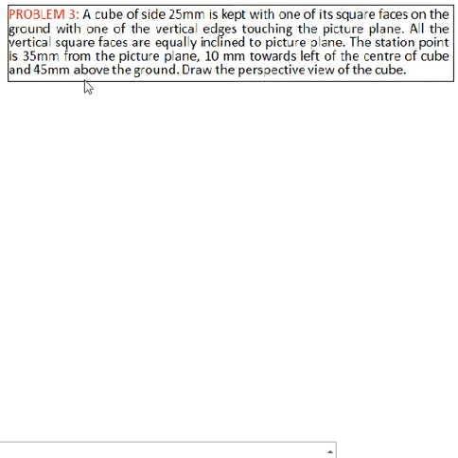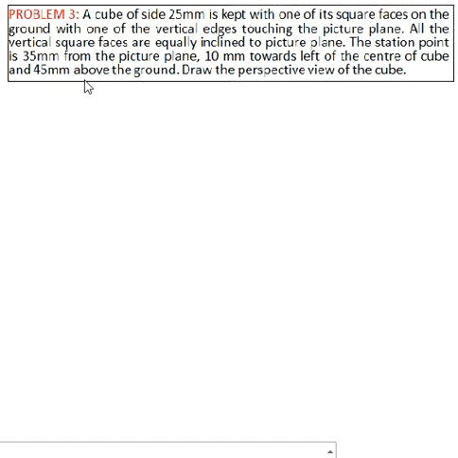Total 8 corner points and 12 edges: 4 edges on the bottom surface, 4 edges on the top surface, and 4 vertical edges. It is given that one of the vertical edges is touching the picture plane and the vertical square faces are equally inclined to the picture plane.